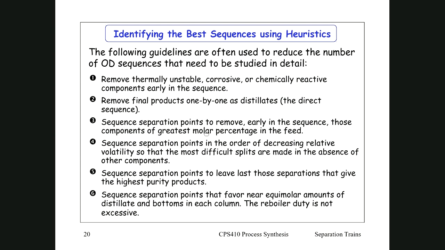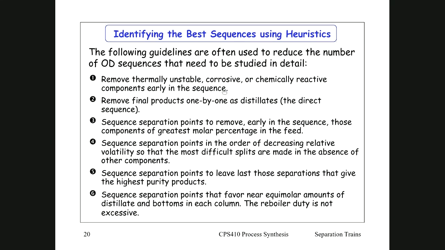You're going to have many different possible combinations of sequences that you can choose from. And these heuristics have been put together simply to make it easier to reduce the number of reasonable answers that you can get as far as sequences go.